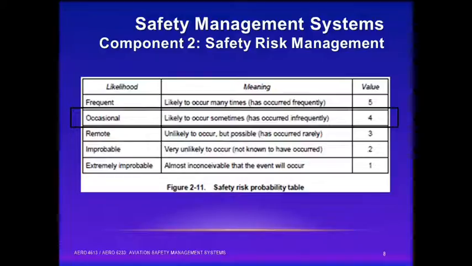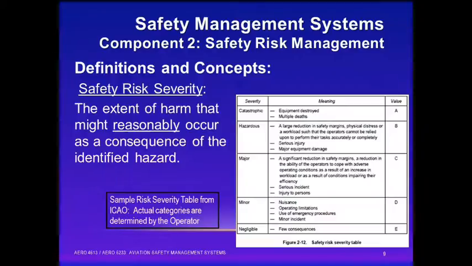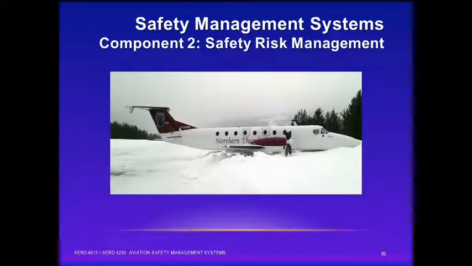So now that we have determined the likelihood criteria, it's time to analyze severity. What is the extent of the damage or harm? What are the consequences should the risk be realized? We will use the suggested criteria from ICAO for this part of the illustration as well. Severity in this illustration is a little more difficult to assess because it really depends a lot upon your equipment.